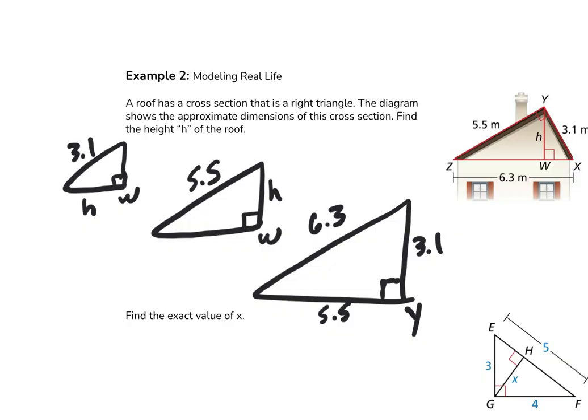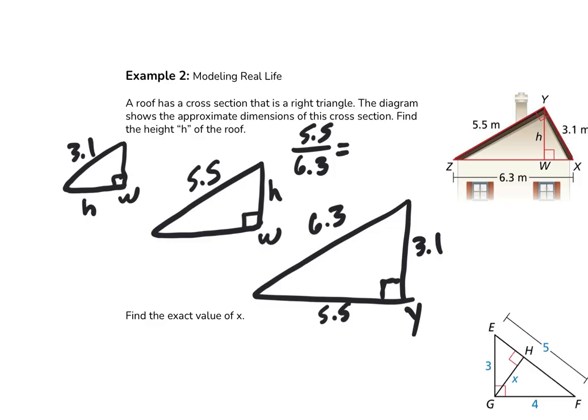Okay, if I use the medium one with the big one, what two sides do I know both lengths to? These right here. These are the ones I have to start with because that's the one I know both lengths to, 5.5 and 6.3, right? So we're going to go 5.5 over 6.3.